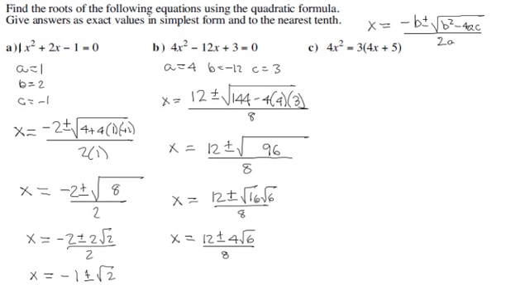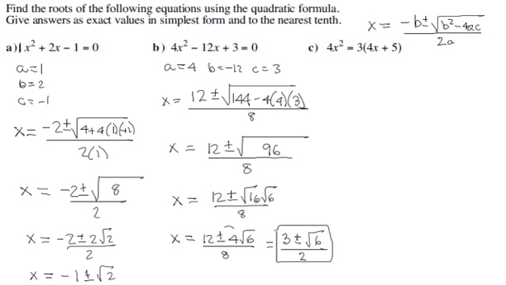Now, I wish these were both divisible by 8, but no such luck. The best we can do is divide them all by 4. And that gives us 12 divided by 4 is 3. 4 root 6 divided by 4 is root 6. And downstairs, 8 divided by 4 is 2. That's our answer, as nice as we can make it.